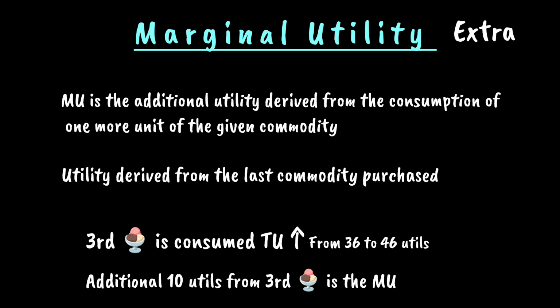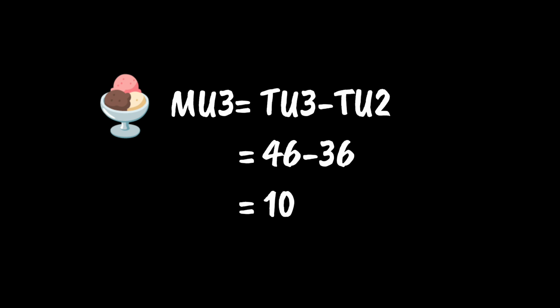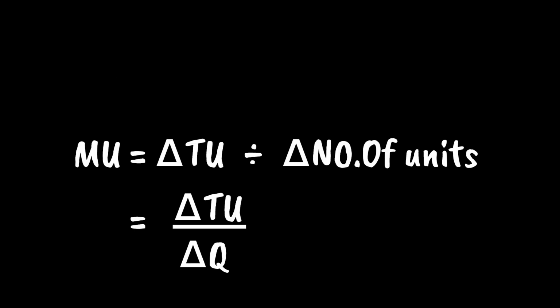The calculation of marginal utility is also very easy: MU3 is equal to TU3 minus TU2, that is 46 minus 36, equal to 10 utils. There is one more way to calculate MU: MU is equal to change in total utility divided by change in the number of units.